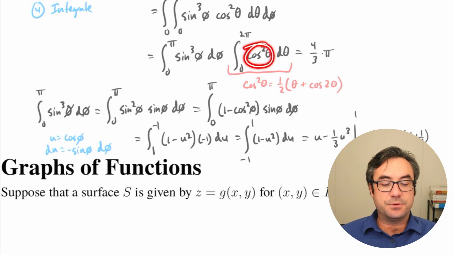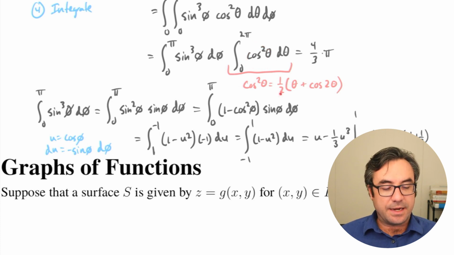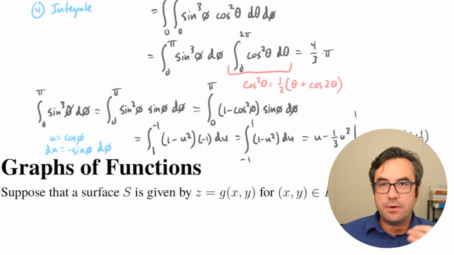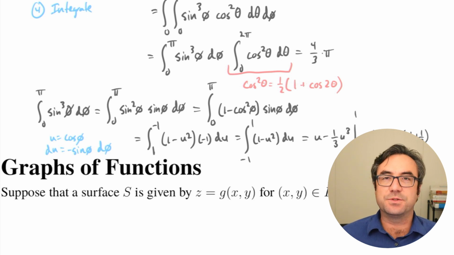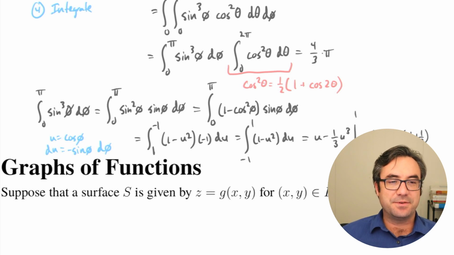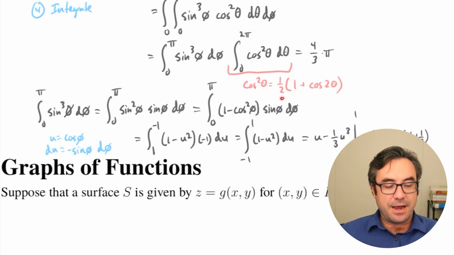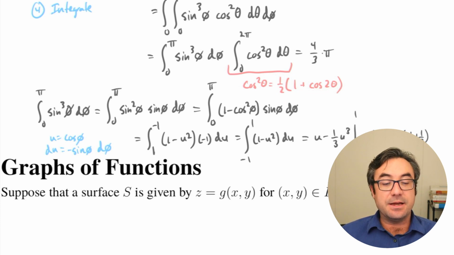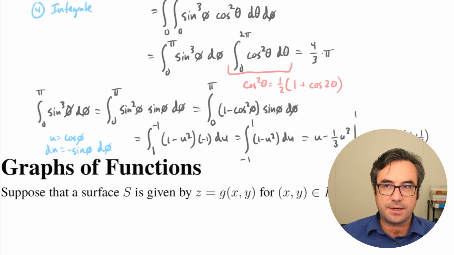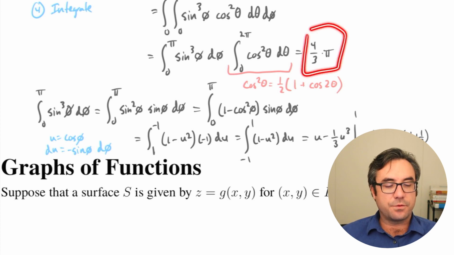The idea is we use that half angle formula, it gets rid of the power, and then we have terms that we can integrate. So you should end up with, once you go through this, 4/3 times pi.